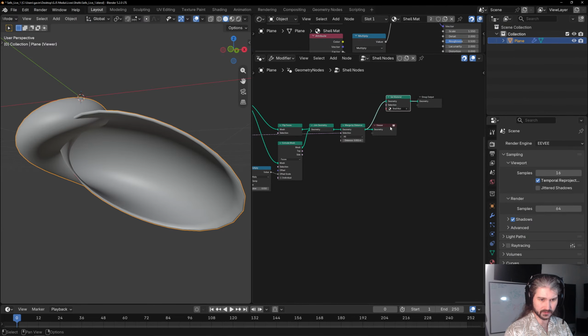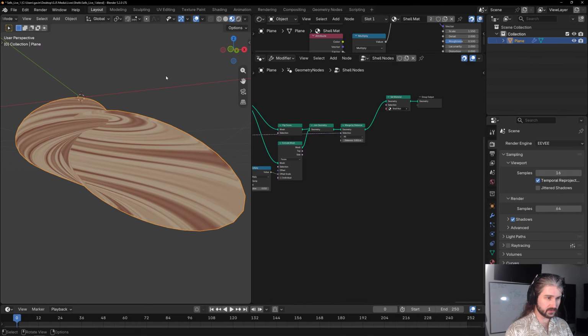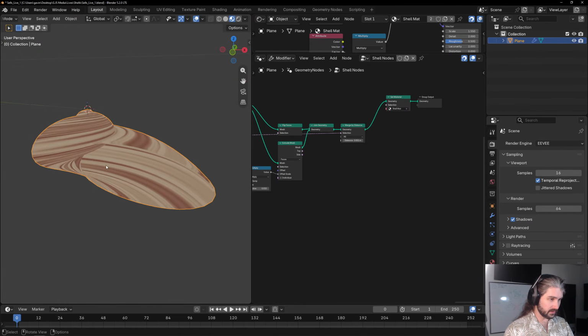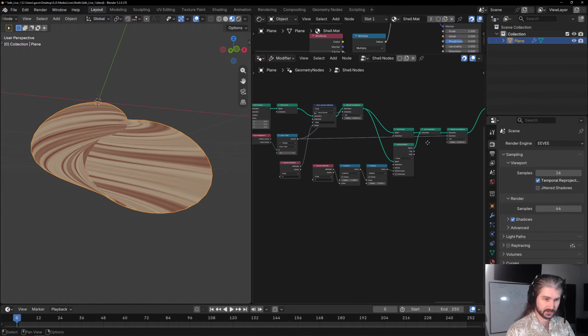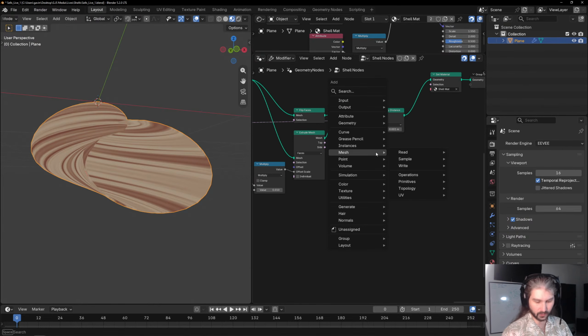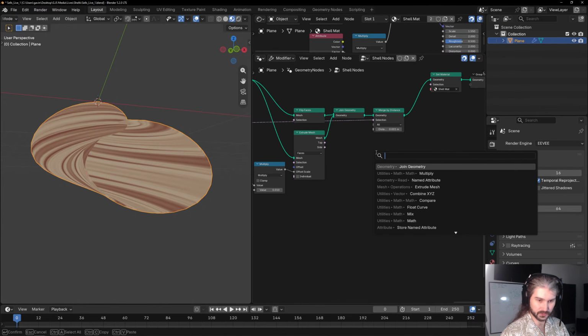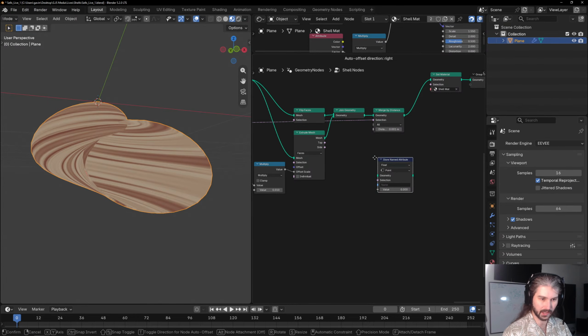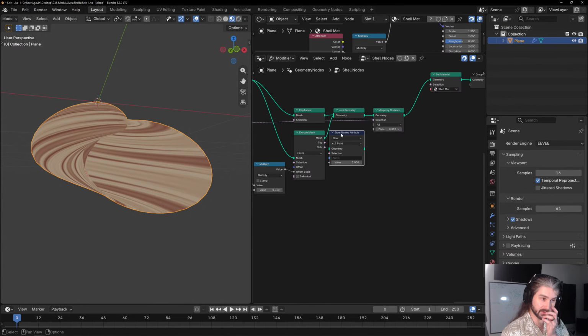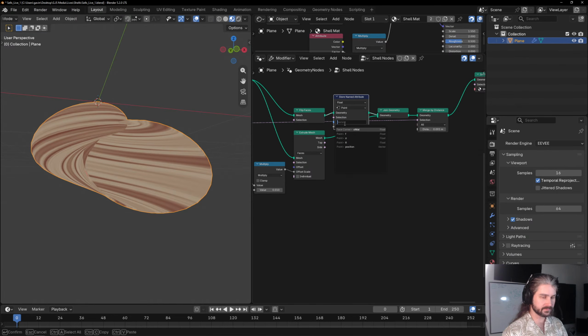We'll plug that into set material, go back into shaded. Actually, we're not going back into our shader just yet. We need to store one more named attribute. This is going to be on the interior. Yeah, we'll say this is on the inside. We're going to store a Boolean, set it to true.